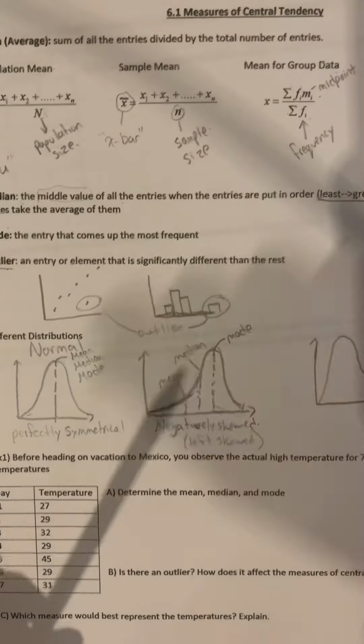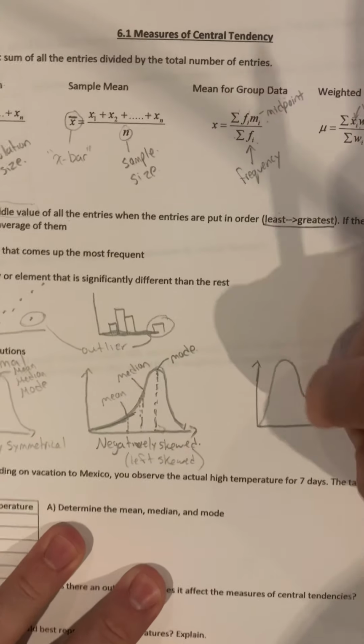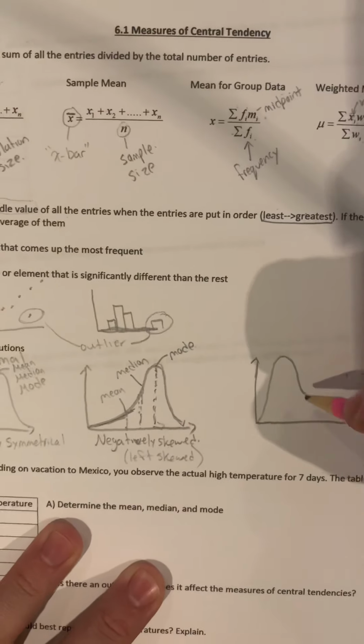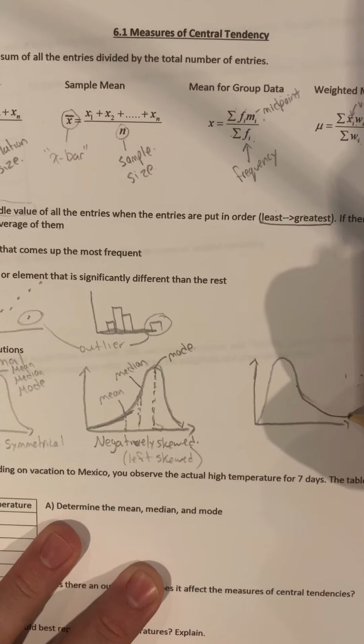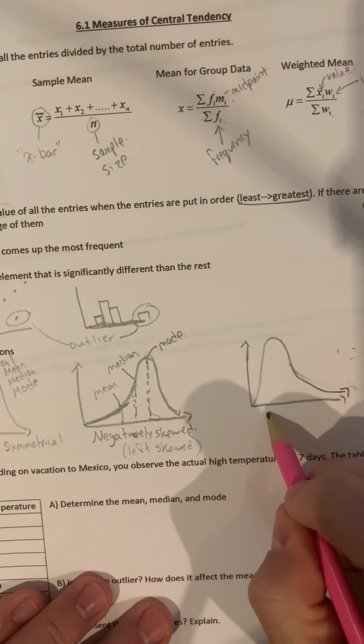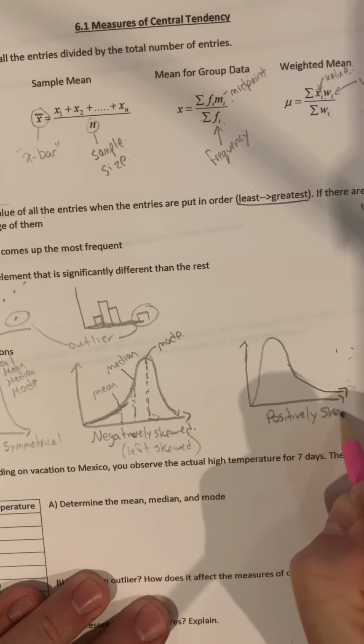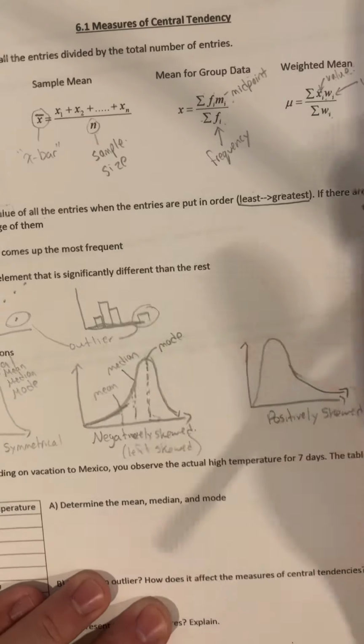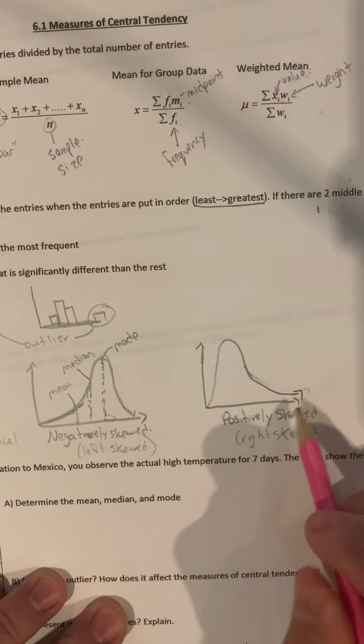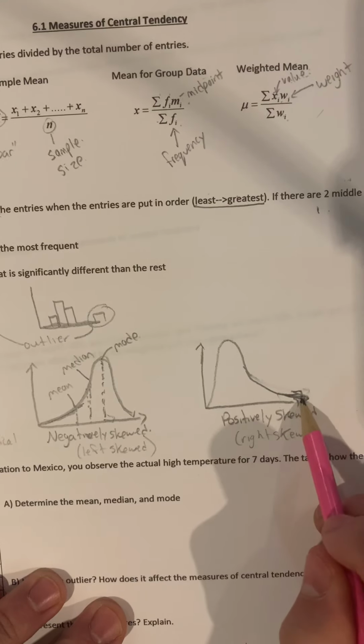Then we have something called right skewed, because our tail is in the right direction. So we're positively skewed, or right skewed. This is when our tail is in the right, the positive end.